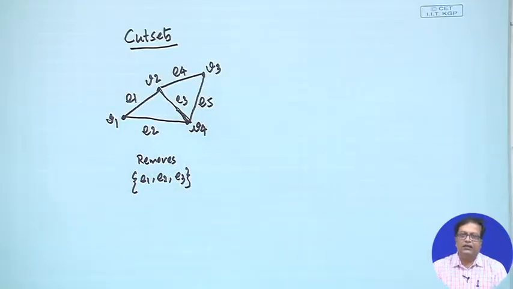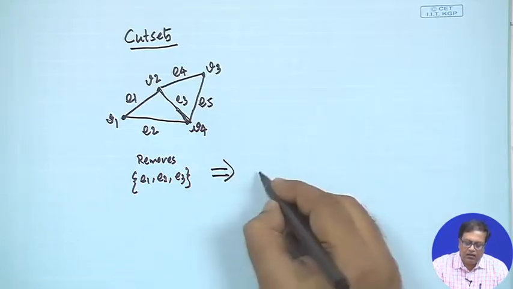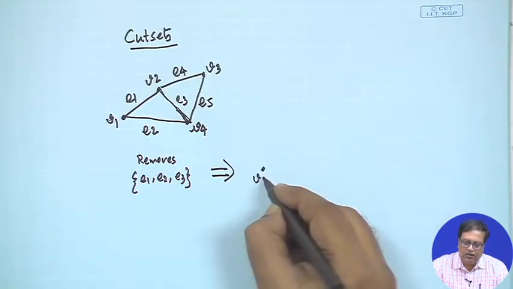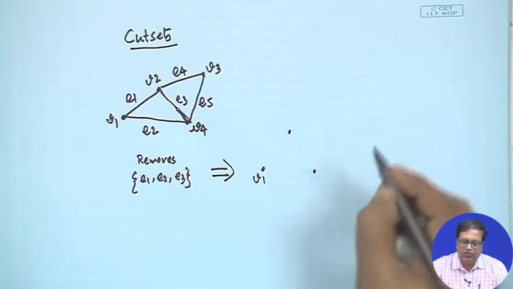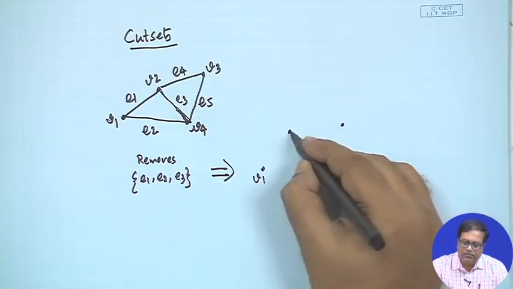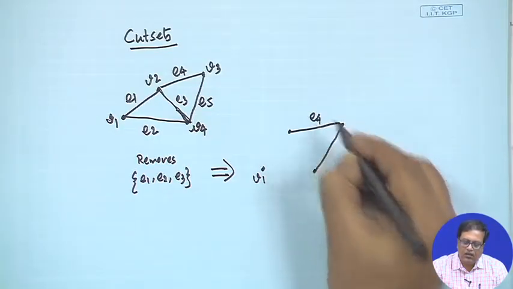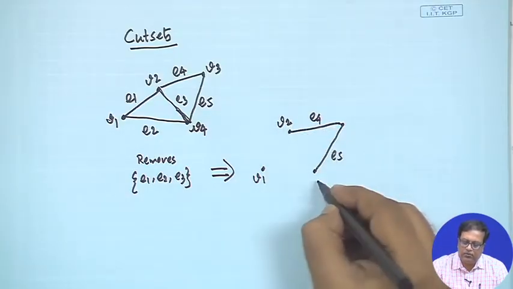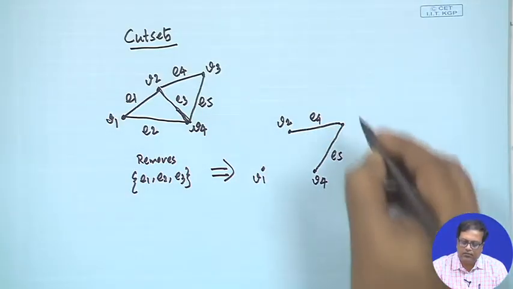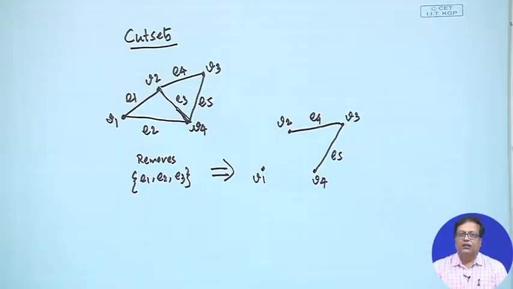What is the resulting graph? V1 would be here, and V2, V4 and V3 with edges E4, E5. So, this is the resulting graph because we have removed these 3 edges.